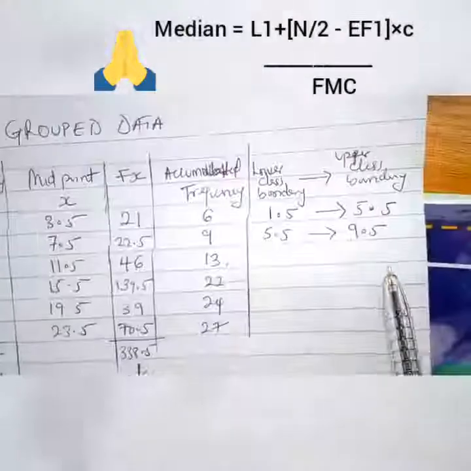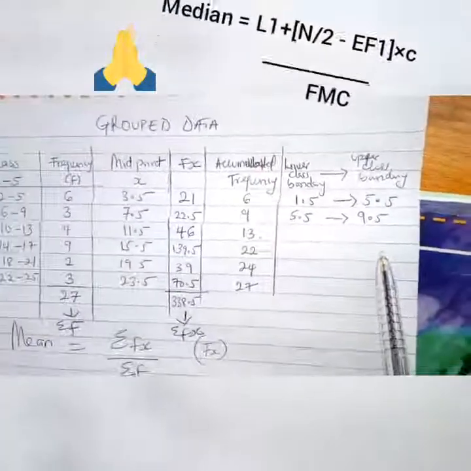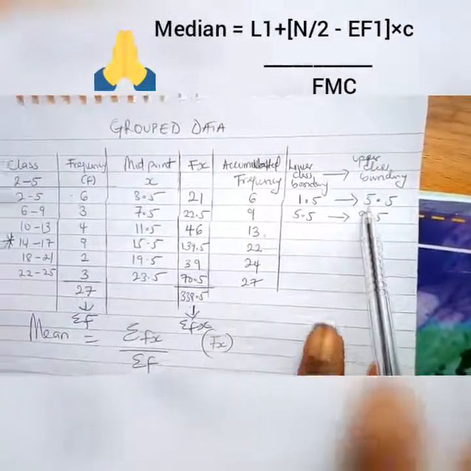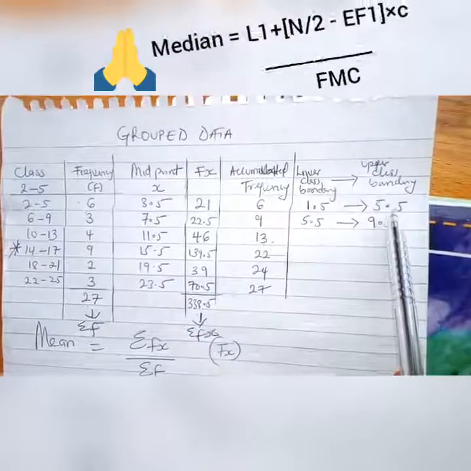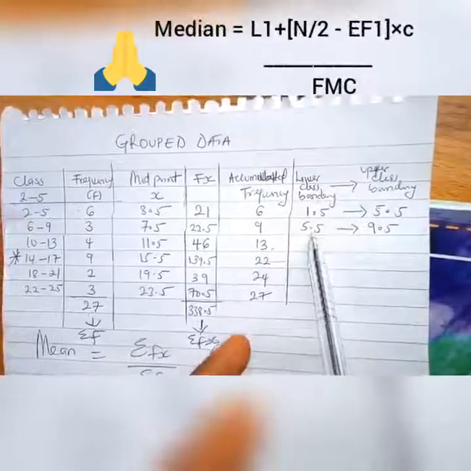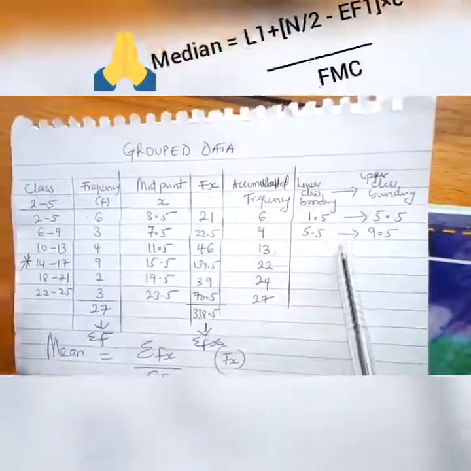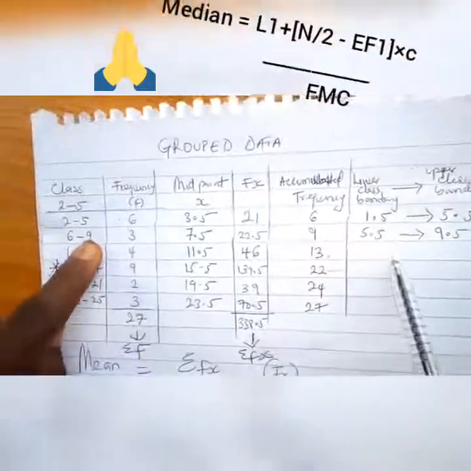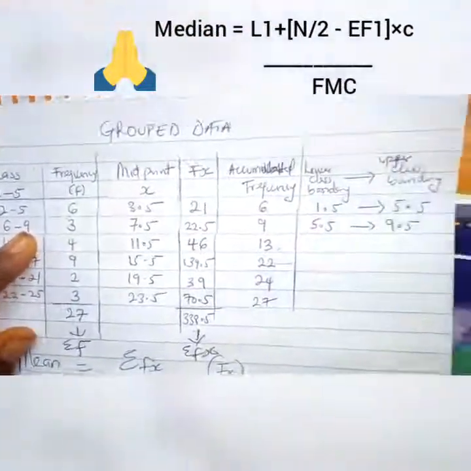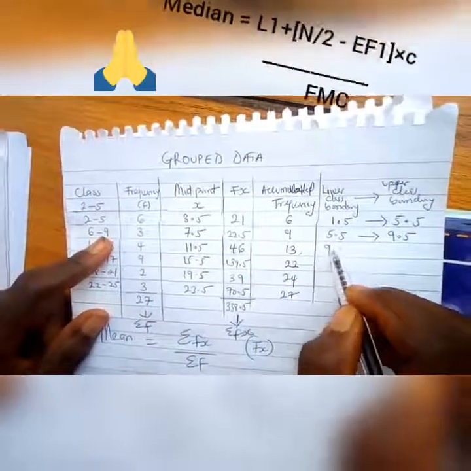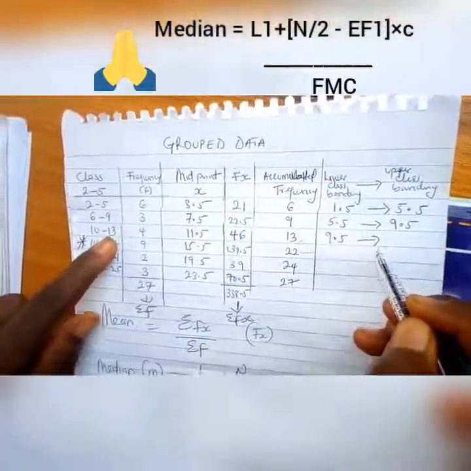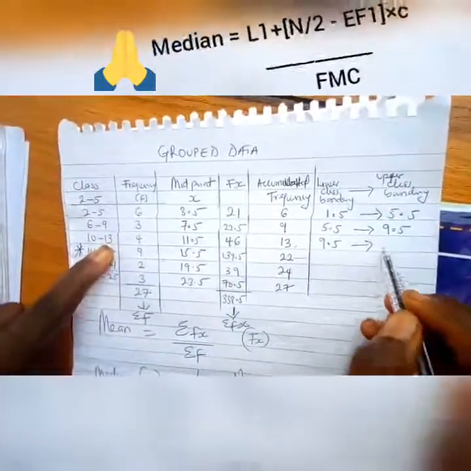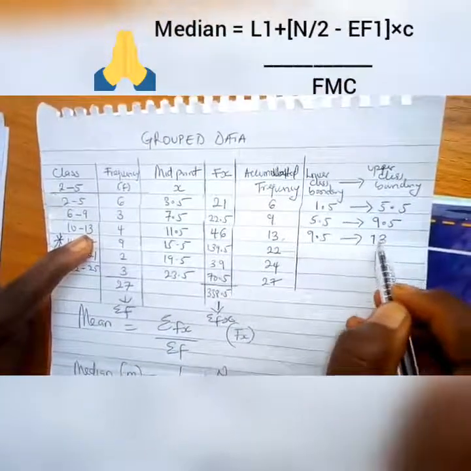So another method you can make use of is, after getting your upper class boundary as 5.5, you can just bring it down here. You understand? Then add 0.5 to the upper class boundary here, making what? 9.5. So the next one you will do, you bring down your 9.5. The next upper class boundary here is 13. Then you add 0.5, that's 13.5.